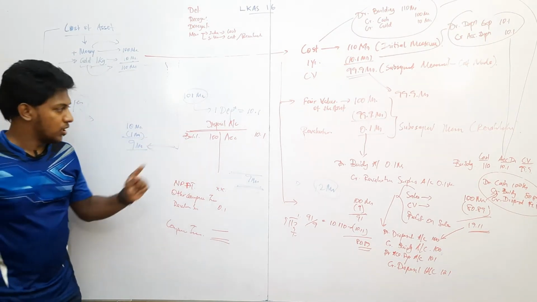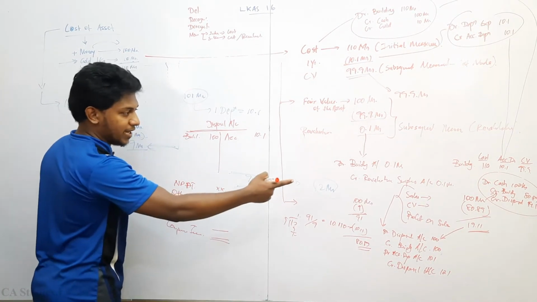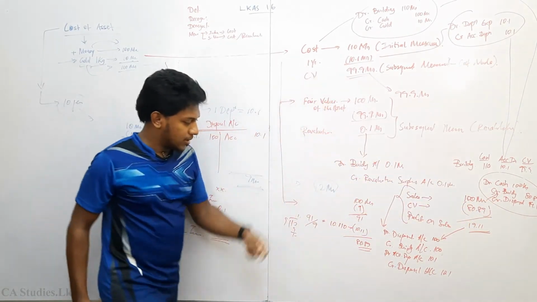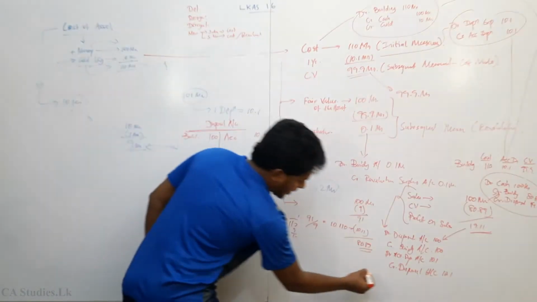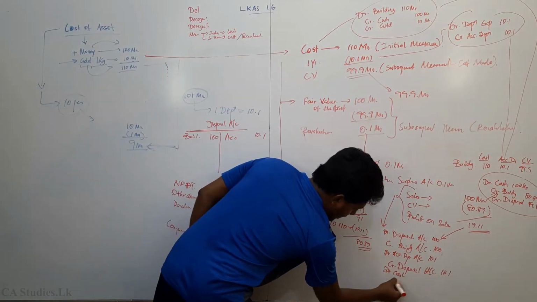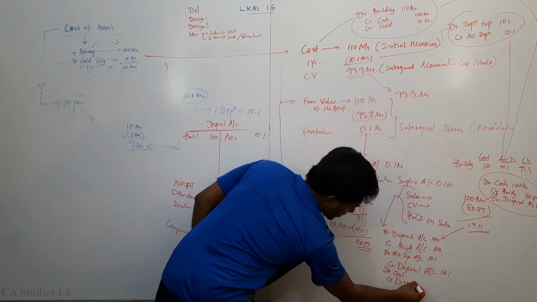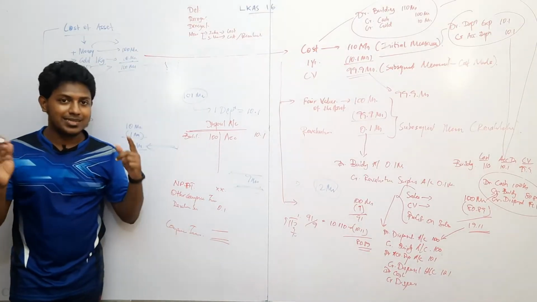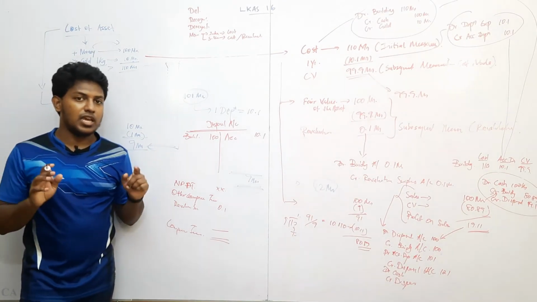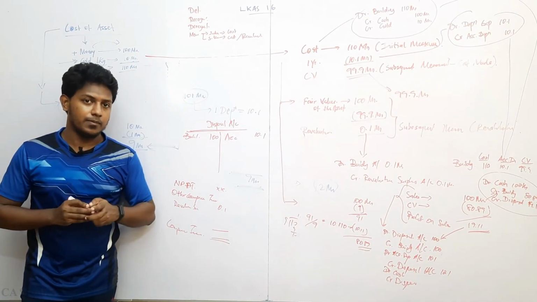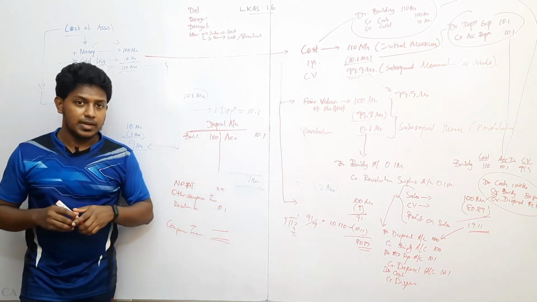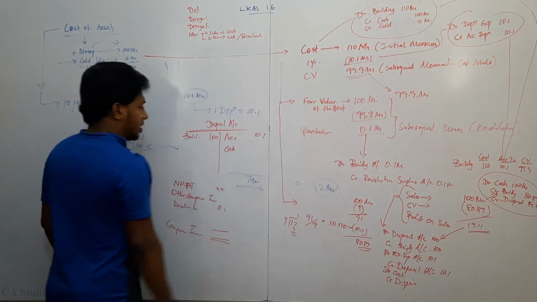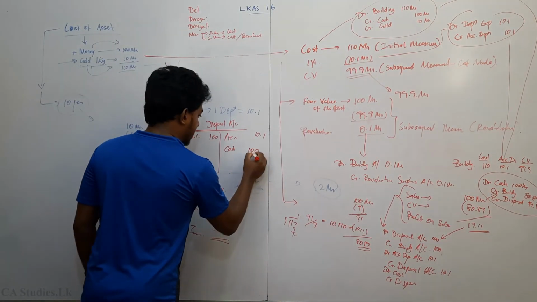Now we sell the building, so debit cash, credit the disposal account. Here I am not following the T account form, I am following just a calculation method, which is the best method other than using the T account. Now cash is debit, and the disposal account is debit 100 million.